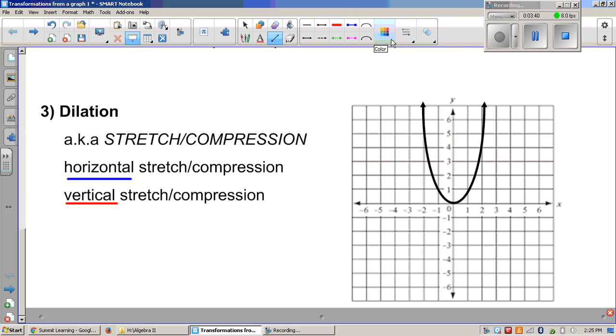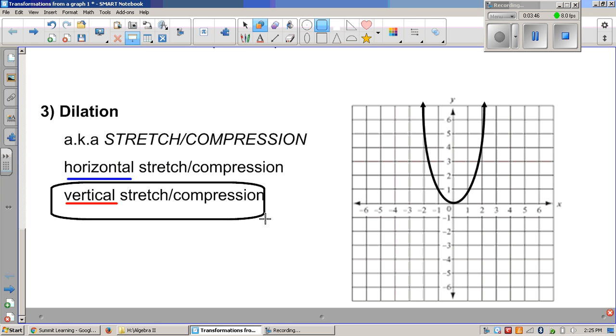Now, for the purpose of most of what you're going to see in this focus area, we're going to focus on vertical stretches and compressions. I'll explain a little bit about horizontal in this video, and I'll do more so later on, but vertical is going to be our main focus when we're identifying transformations from a graph.